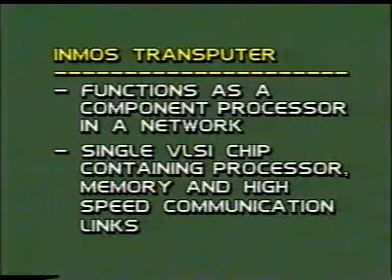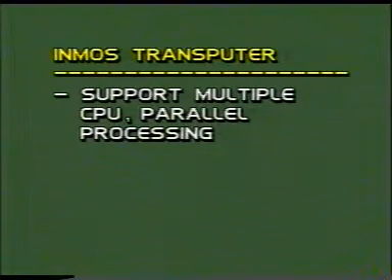A typical member of the transputer product family is a single VLSI chip containing processor, memory, and high-speed communication links which provide point-to-point connection between transputers. Transputers have been designed specifically to support multiple CPU fine-grained parallel processing. You will be very delighted to know that the indigenously available parallel processing system known as Param, developed by CDAC, is based on transputers.